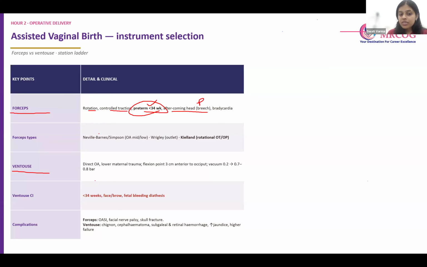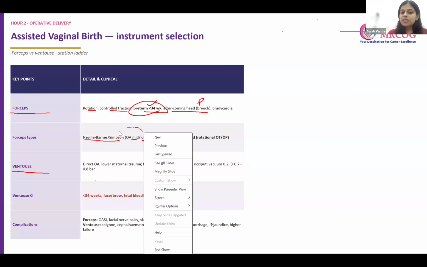Regarding the type of forceps, for low cavity forceps or sometimes mid cavity forceps, you can use Neville Barnes or Simpsons. Usually low cavity forceps is Neville Barnes.